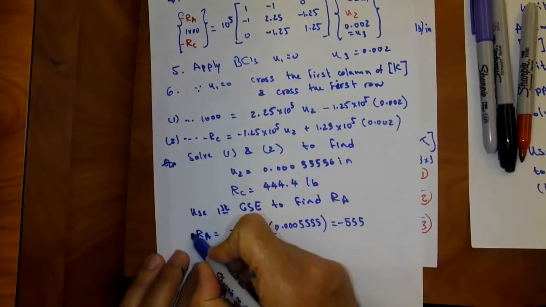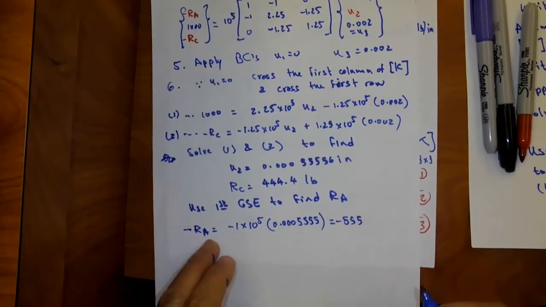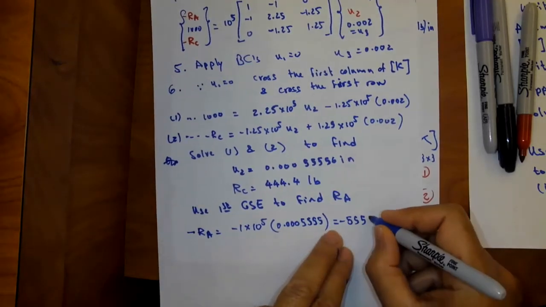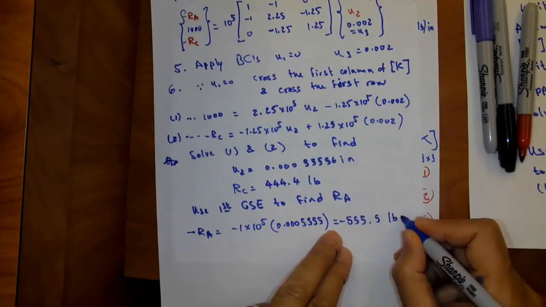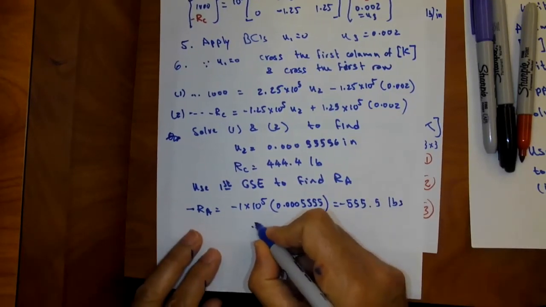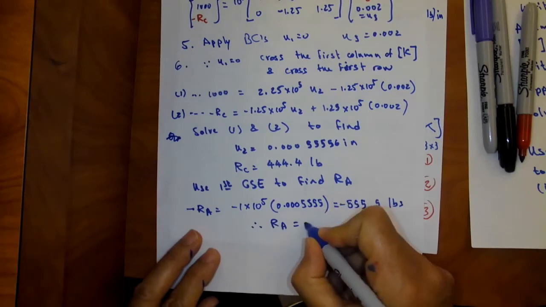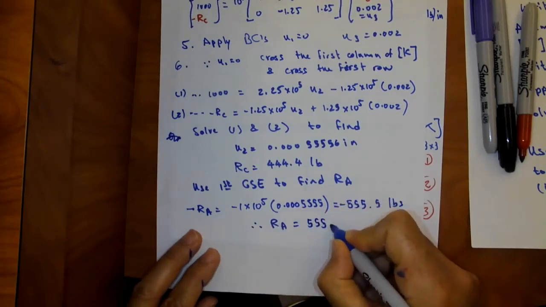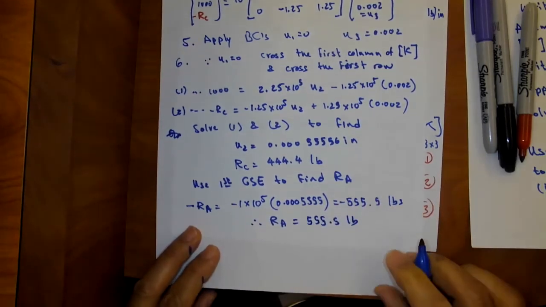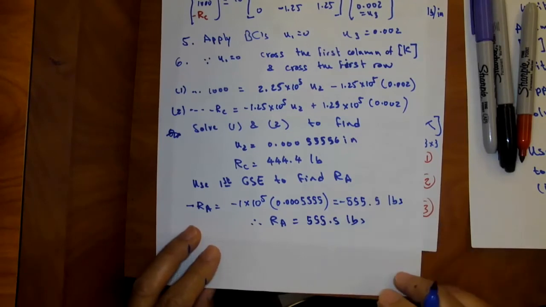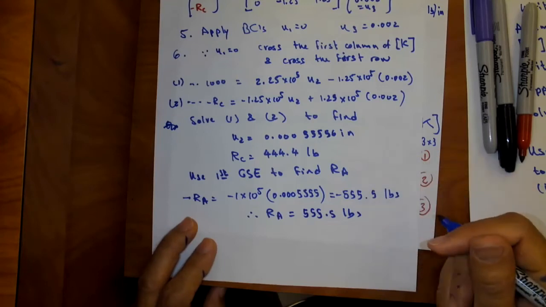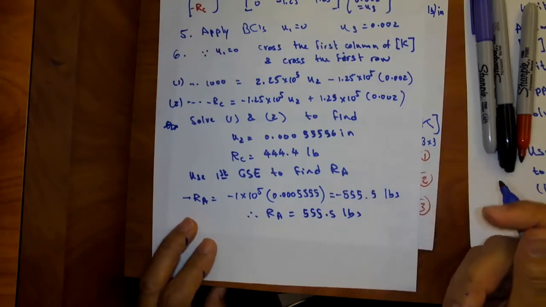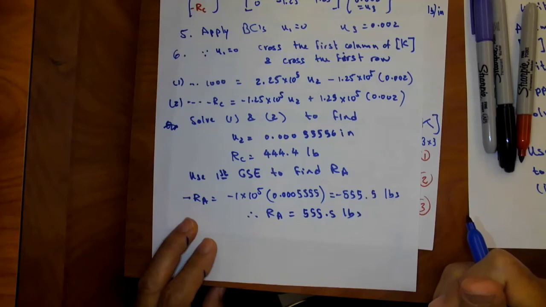Oh, there is a minus sign here. That's correct. So minus RA is equal to minus 555.5 pounds. Therefore, RA is equal to 555.5 pounds. If you compare these numbers to what we got from using the classical method, you'll find that they're the same.